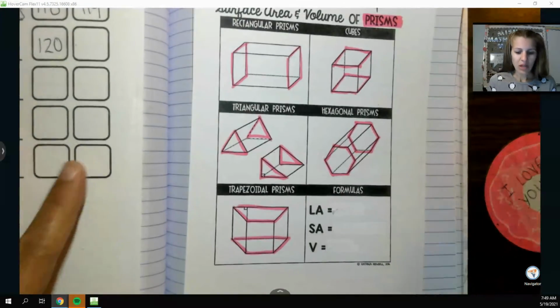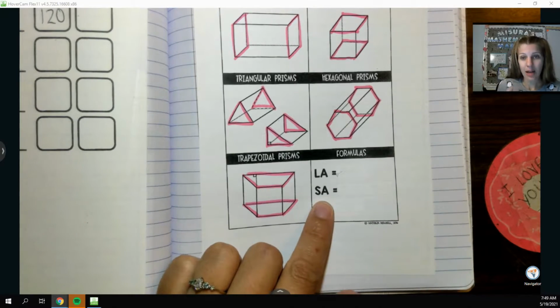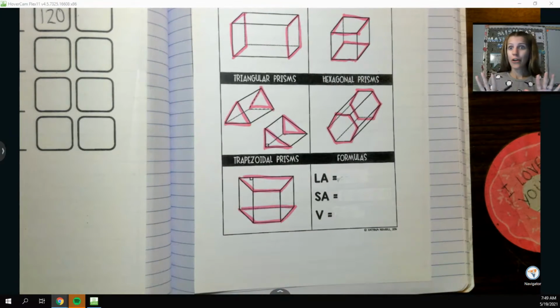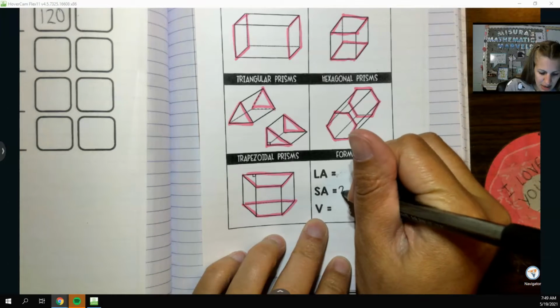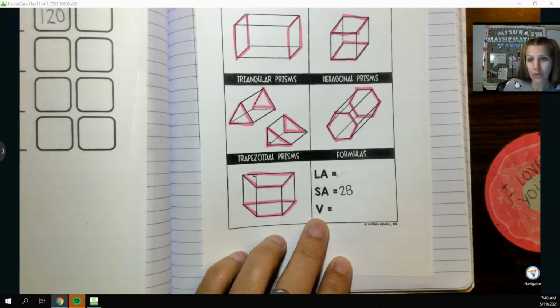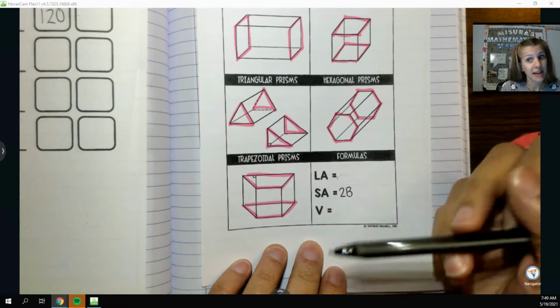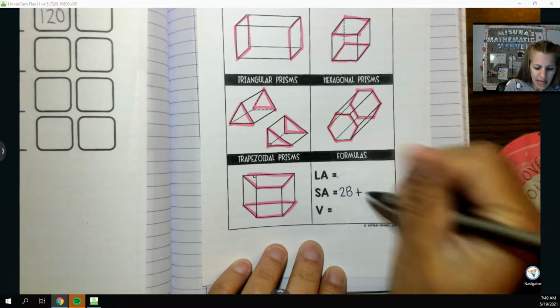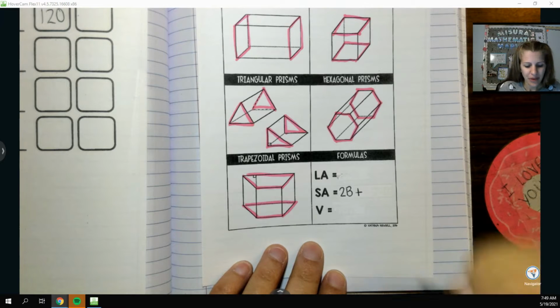So, like we talked about, surface area of the entire shape is all the paper that comes apart when we cut it and lay flat our net. To find the surface area, we end up with the area of two base shapes, like finding the area of the trapezoid and doubling it, because I have two of those, plus the area of all the stuff around, which is a rectangle, so base times height.